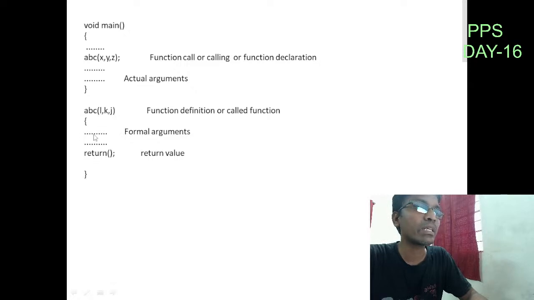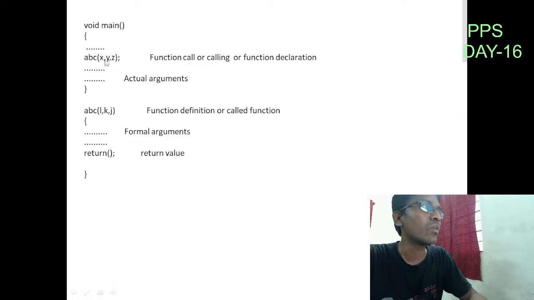I hope you understand what I am saying. The calling function can be written inside the main function, and it does not contain any body, so it is simply terminated by a semicolon. That's why it is called a function call or calling function.